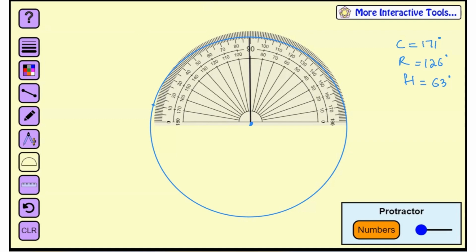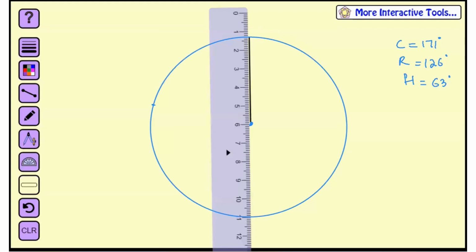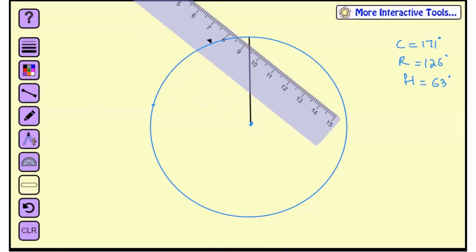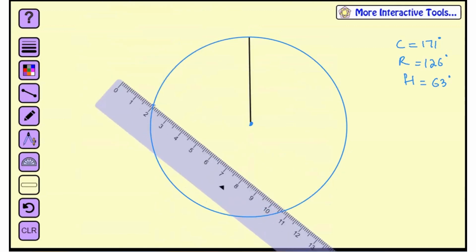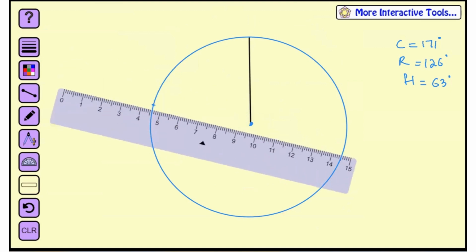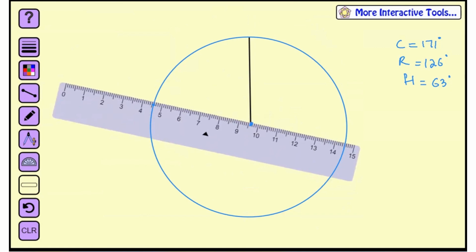So now let's remove the protractor. Bring the ruler again, and we're going to draw our line over here. It's kind of time consuming doing it online and much easier if you're doing it on paper.